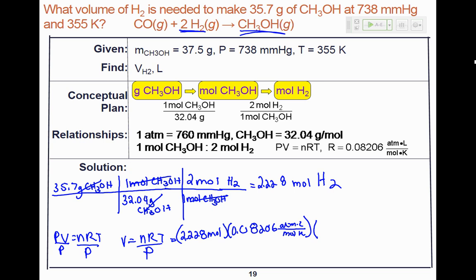Our temperature is in Kelvin. However, our pressure is not in atm. So we do have to do that conversion.